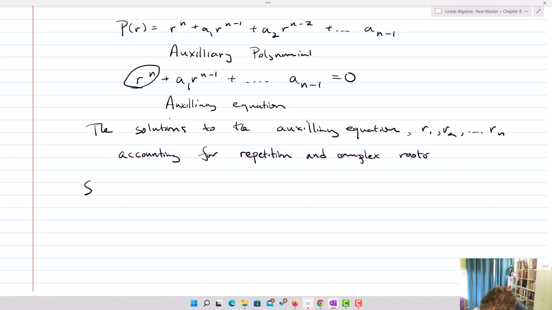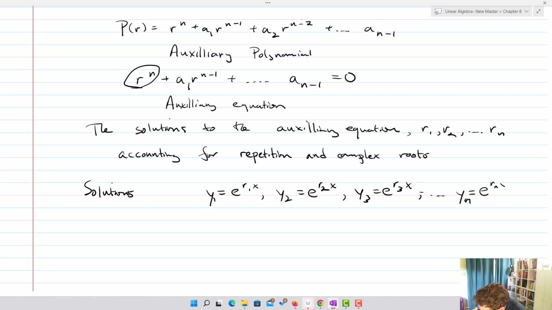And so our solutions will then end up being of the form y1 equals e to the r1x, y2 equals e to the r2x, y3 equals e to the r3x, dot, dot, dot, all the way down to yn equals e to the rnx.